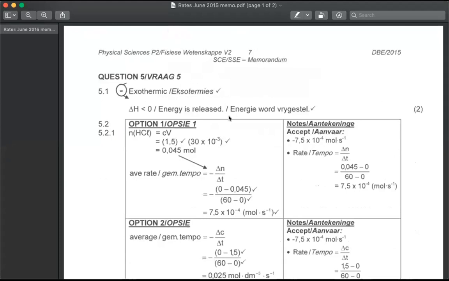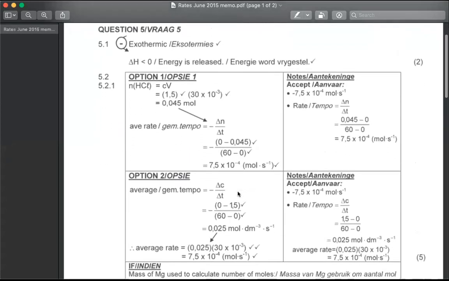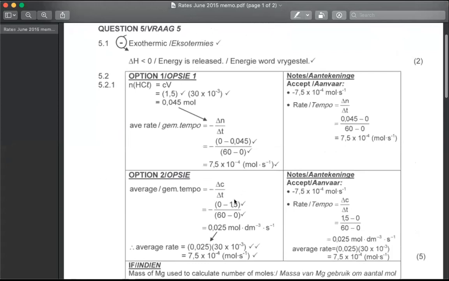So depending on how you want to work, you can work out the concentration. I did option 2: 1,5 over 60, which is 0,025. Your average rate will be change in number of moles over change in seconds. Let's look at option 1, we can just take option 1 as a convenience.